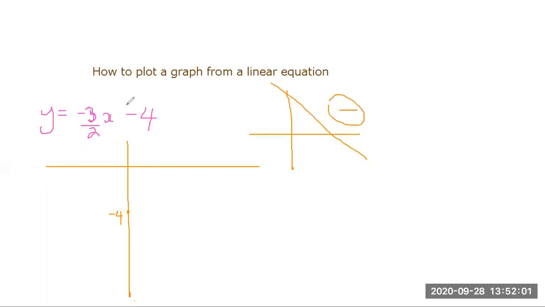Okay, so we were given the equation and then they're like, oh, plot this graph. So I know that my y-intercept is -4, so I know that my line has to go through there. Because the slope is negative, my graph is going to face that way.